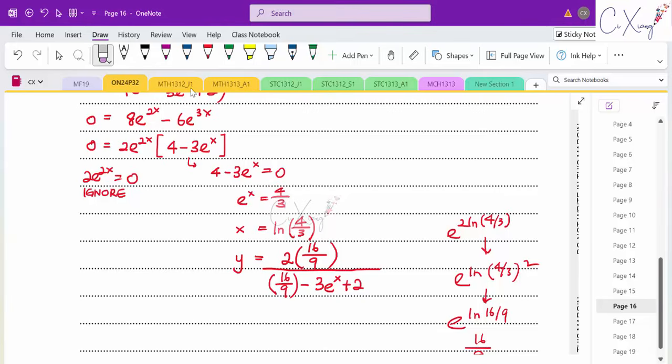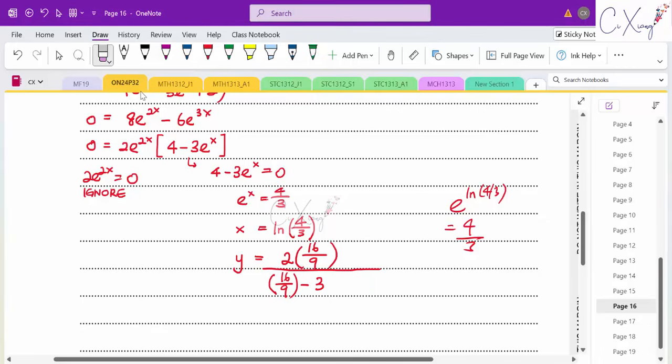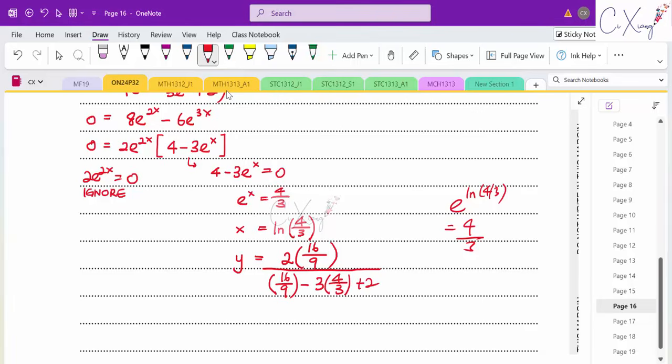Then after that, what happened to e power x? When you're having e^(ln 4 over 3), the value is actually 4 over 3. So I will substitute this as 4 over 3 here, plus 2. Try to simplify this particular value, and you should have negative 16. So this is how we get the y coordinate.